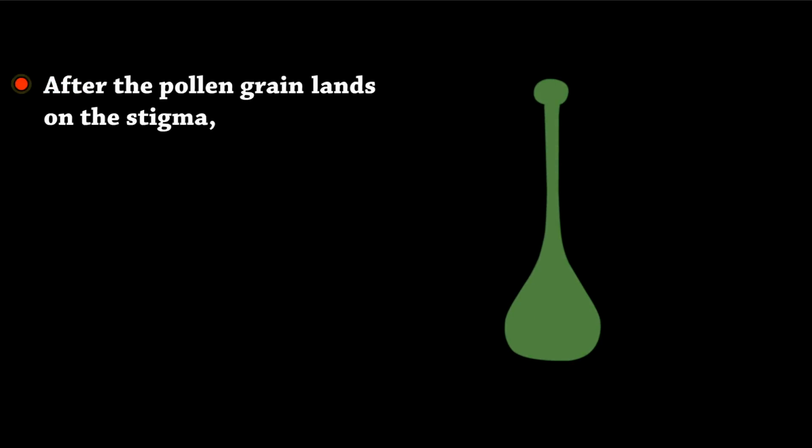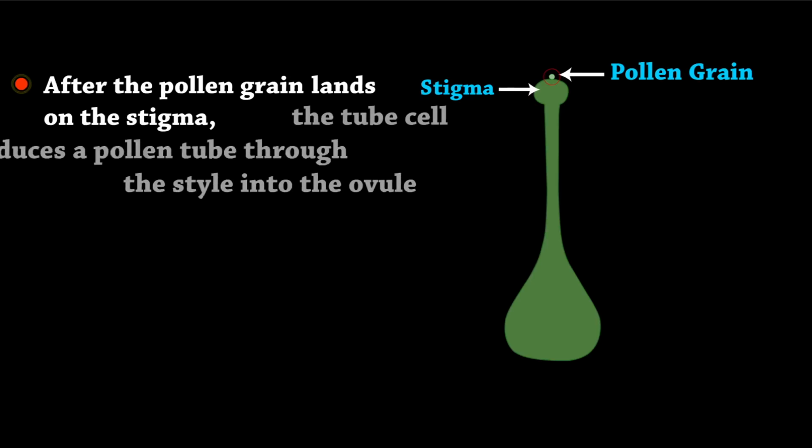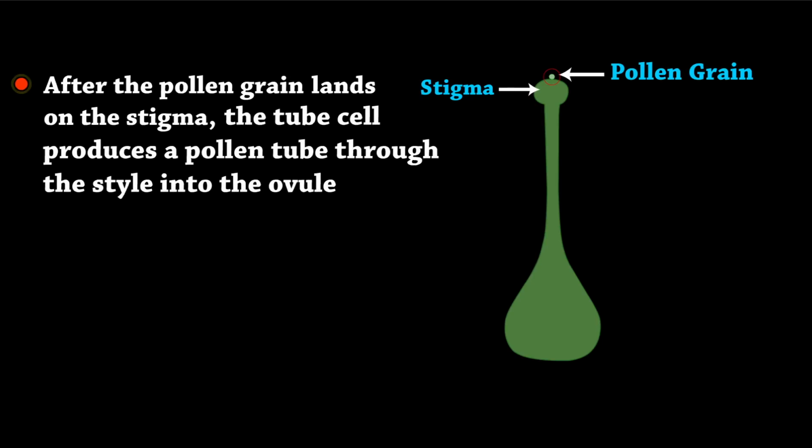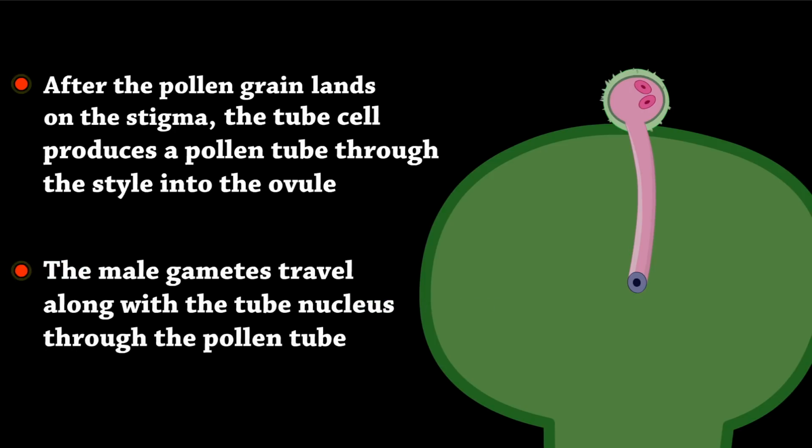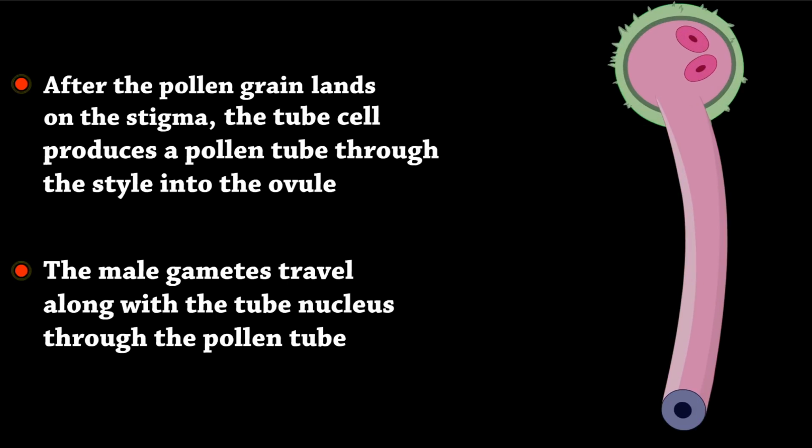After the pollen grain lands on the stigma, the tube cell produces a pollen tube through the style into the ovule. The male gametes travel along with the tube nucleus through the pollen tube.